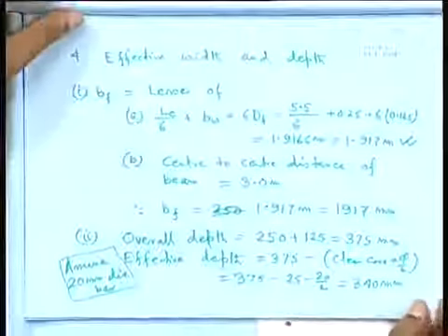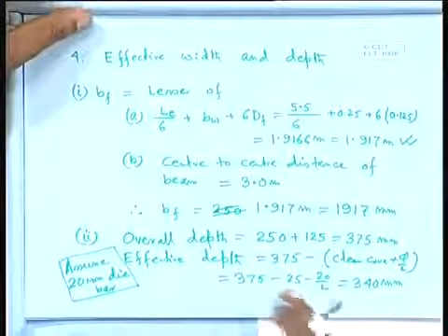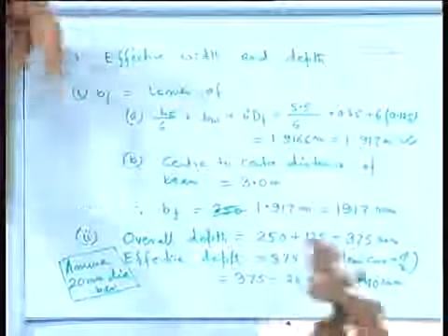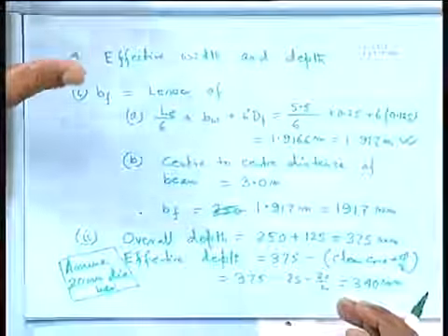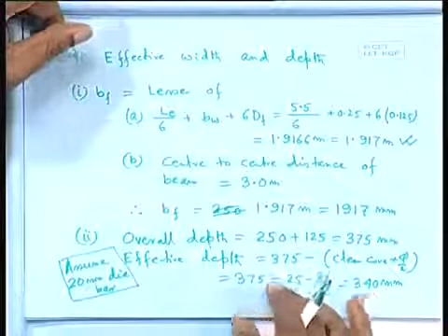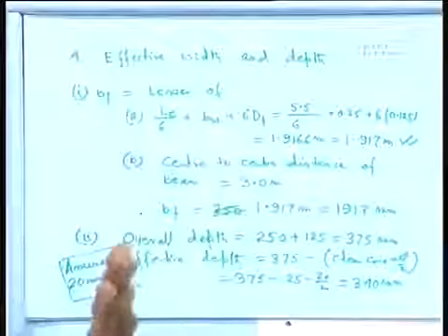In this case, I am always mentioning this the other way. In books also you may find that they directly assume the effective depth, that also you can assume, instead of assuming the overall depth and then coming to the effective depth, you can also assume the effective depth and then go to the overall depth. But why I prefer this one is because finally we have to provide the overall depth, and the overall depth should be some regular number.